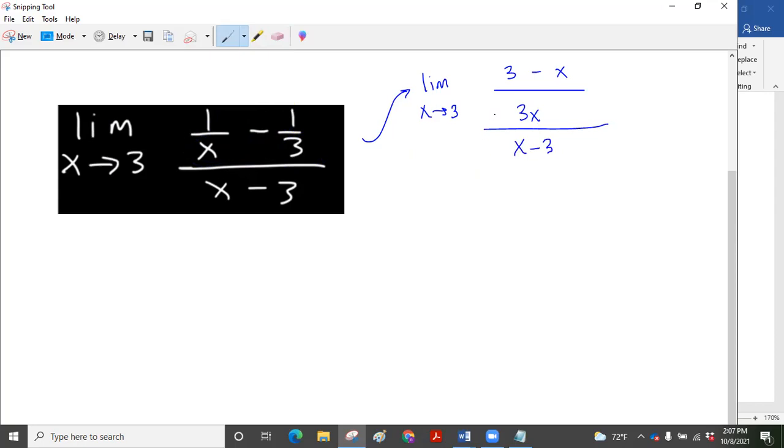And what you can do at this stage is you can write this as the limit as x approaches 3 of 3 minus x over 3x multiplied by 1 over x minus 3. And what you'll notice here is that you have x minus 3 here, and you have 3 minus x here and x minus 3 here. So essentially there is this rule.